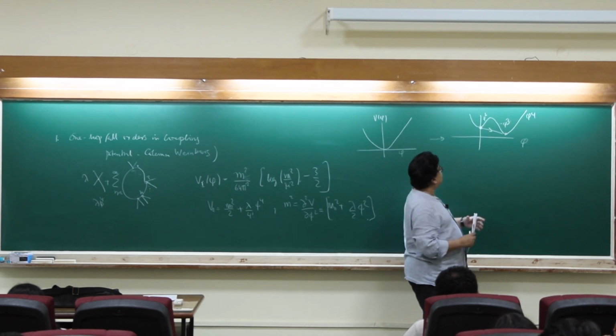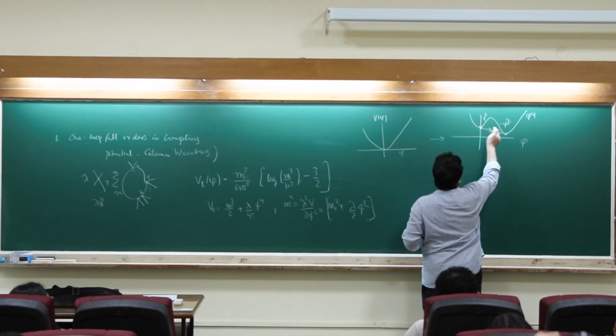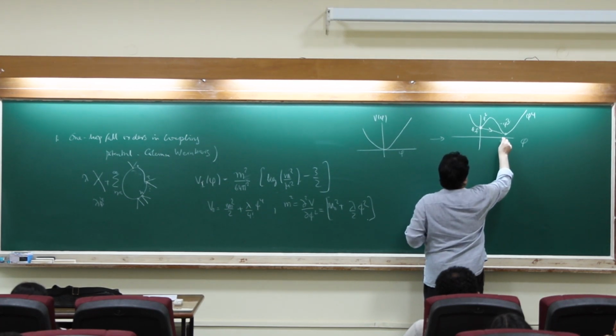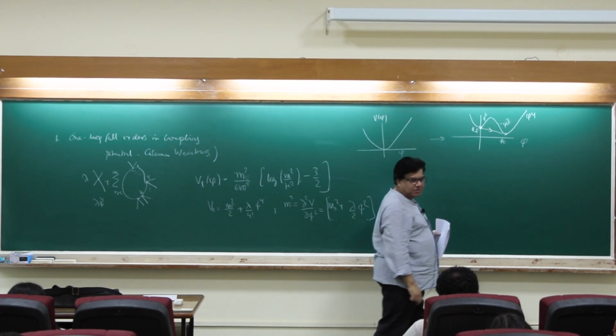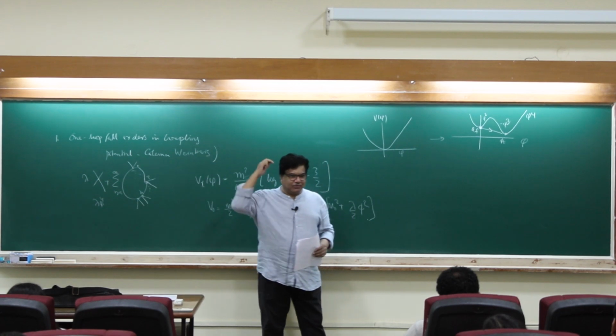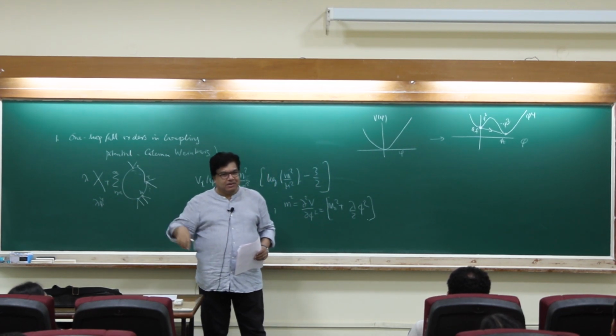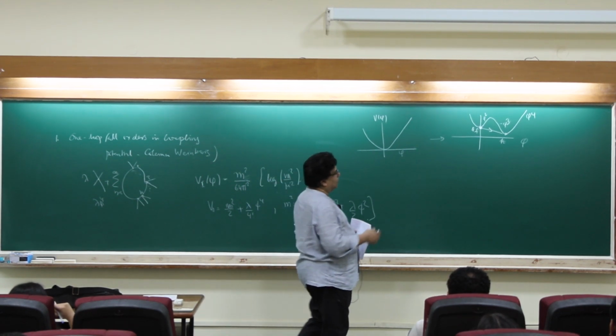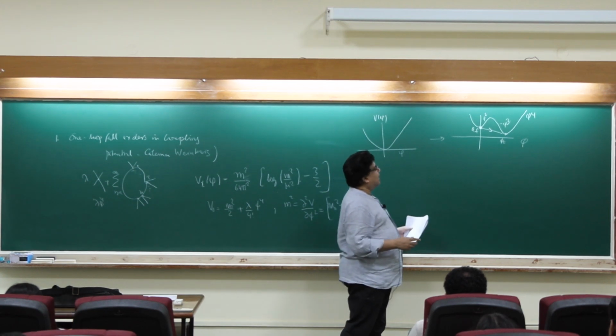This is called the false vacuum, this is called the true vacuum, phi t. That's a convention. So the field will move from false to true. The one which is higher is called the false vacuum, and the one which has a lower potential is called the true vacuum.